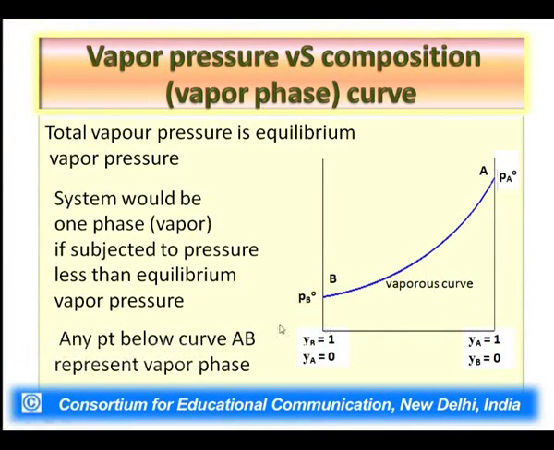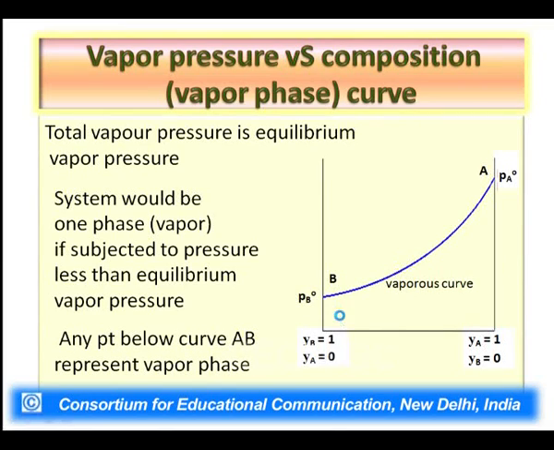So if you subject the system to a pressure lesser than what is predicted by this curve, you will have only the vapor phase stable in the system. This curve is called the vapor curve because it is the curve below which only vapor phase is stable.